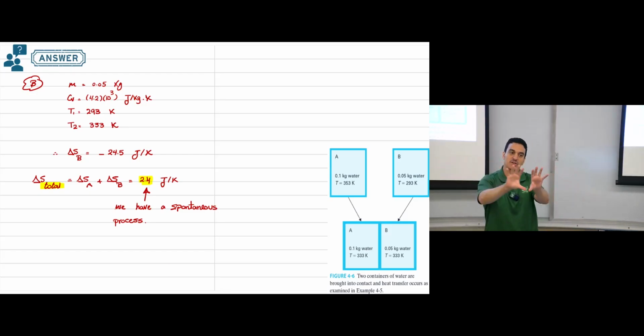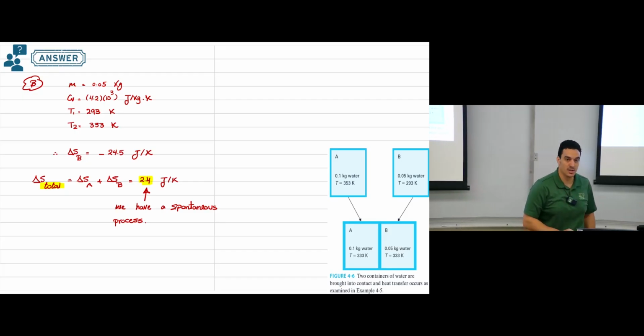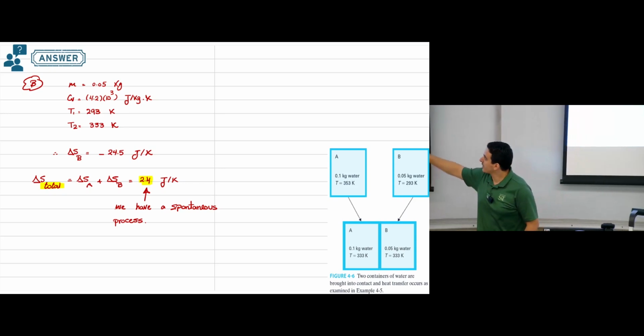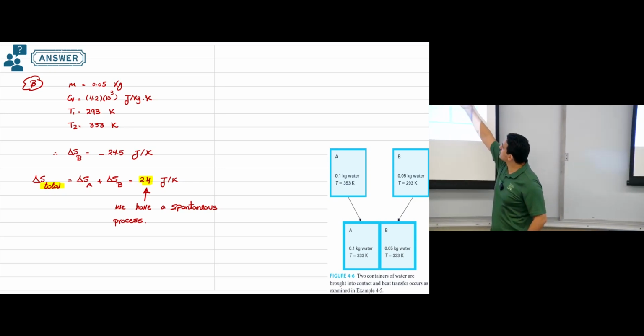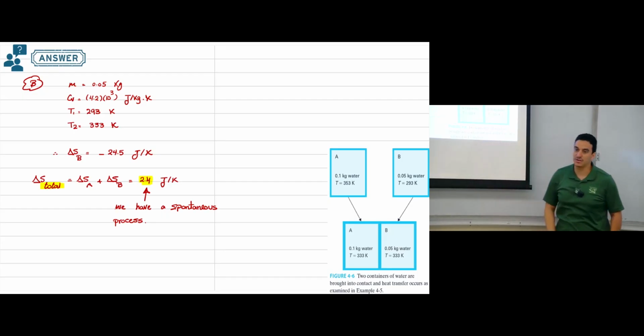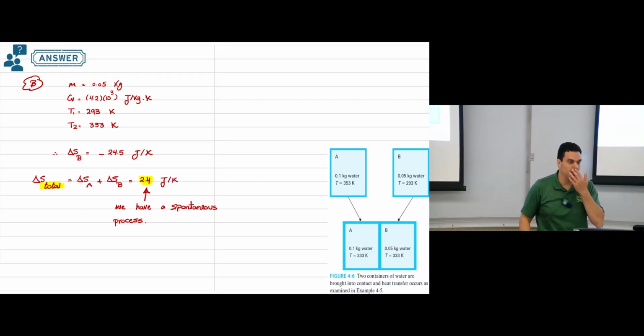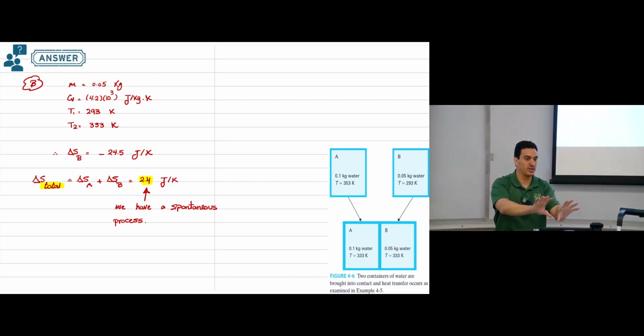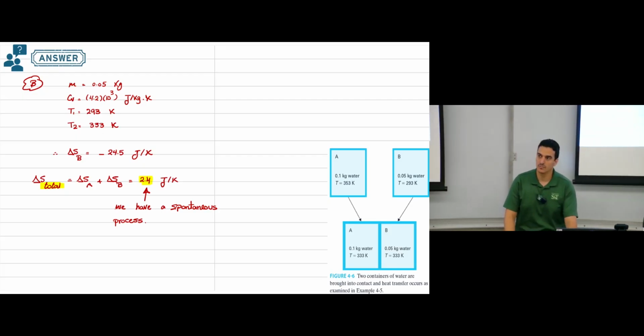If you bring these two vessels in contact to affect each other and just leave them without any interference or action from your side, then by themselves the temperature of both vessels will change and both of them will be at equilibrium at 333 Kelvin. This is what is meant by a spontaneous process. Just bring them together to affect each other and then the process will occur spontaneously. Clear?